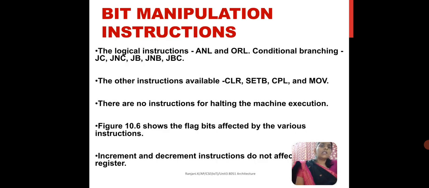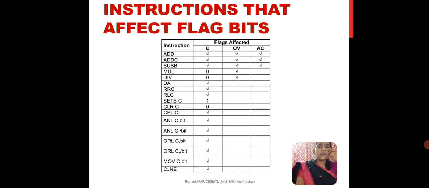The logical instructions are ANL and ORL, while conditional branching covers all the jumping instructions, along with other instructions such as clear, SETB, CPL and move. There is no instruction for halting the machine execution. These are the instructions that affect the flag.